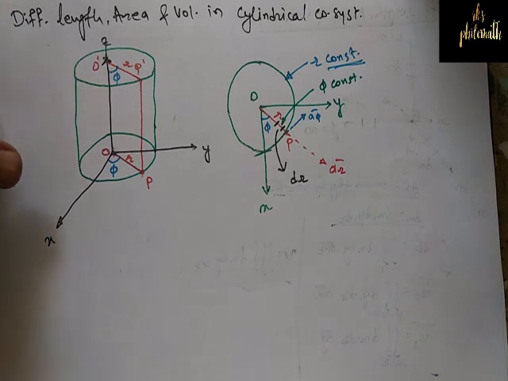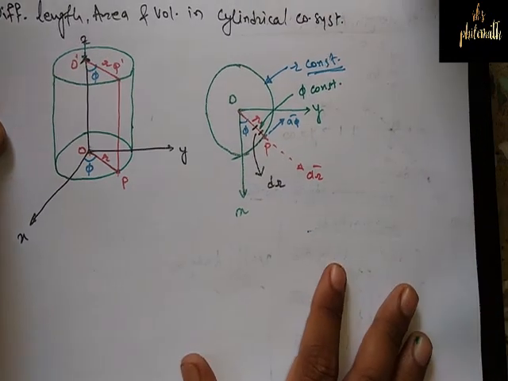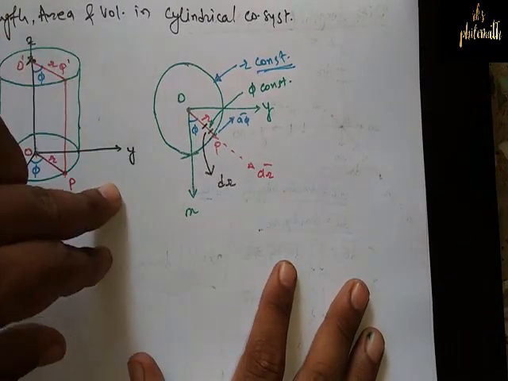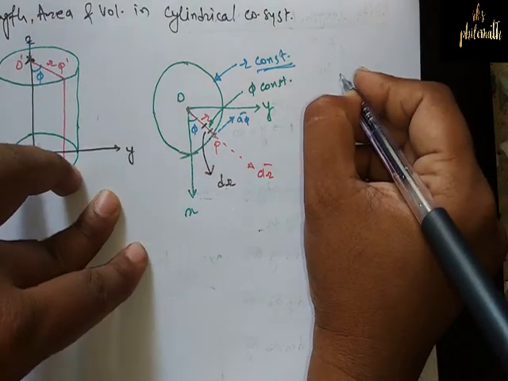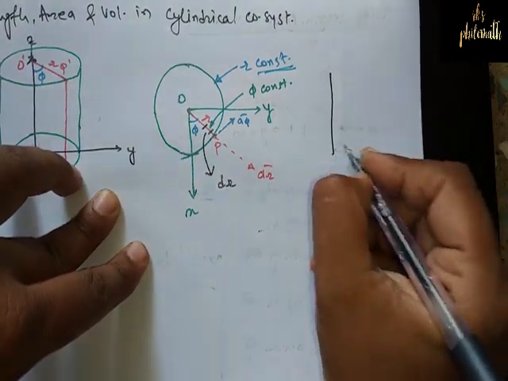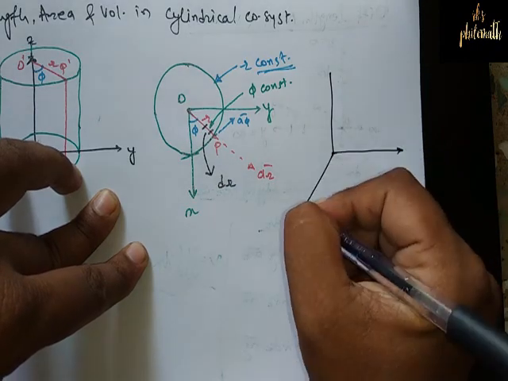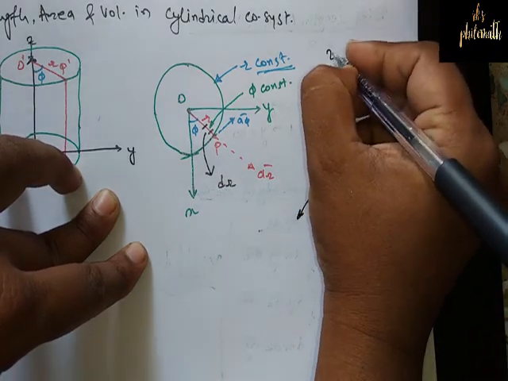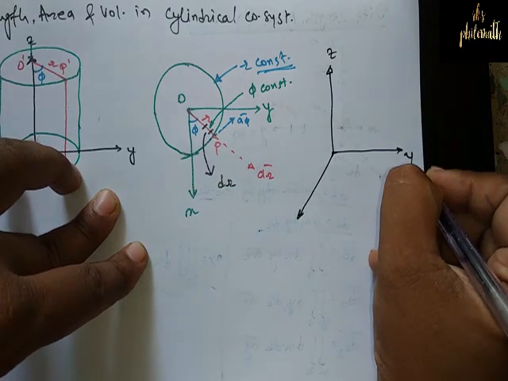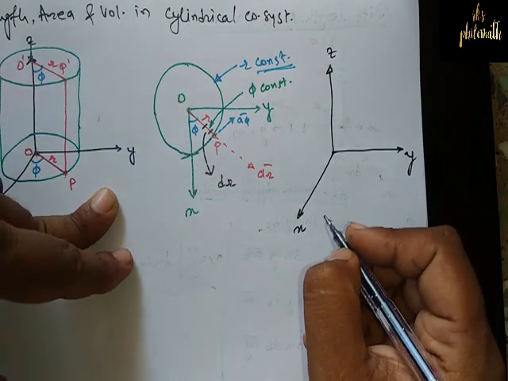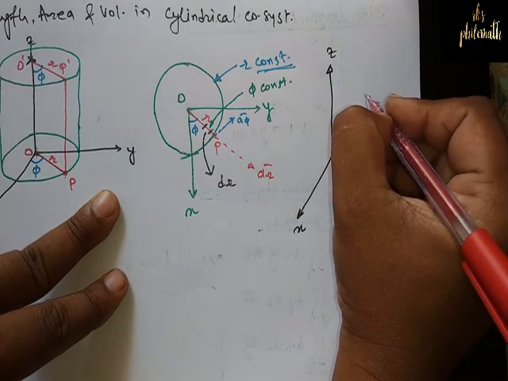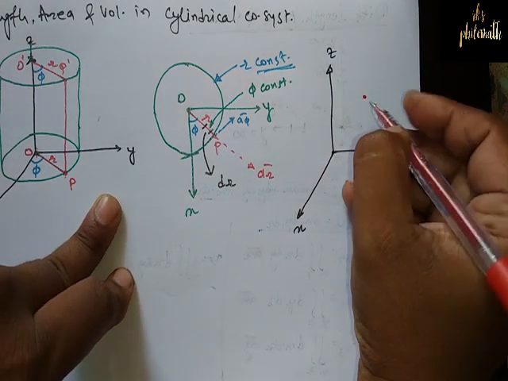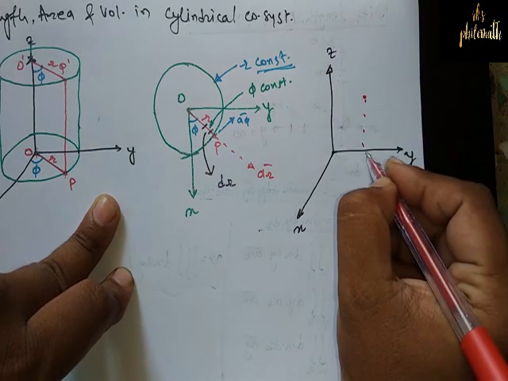For the particular calculation, what we do, we draw a diagram. Again we have to draw a Cartesian coordinate system. This is Z, this is Y, and this is X. Now draw a point P. Project that particular point P on XY plane.